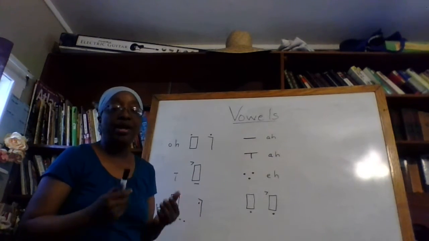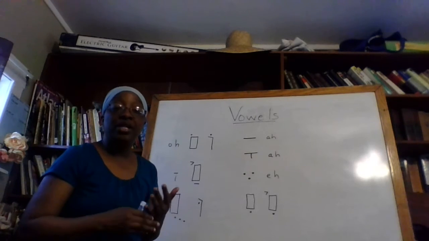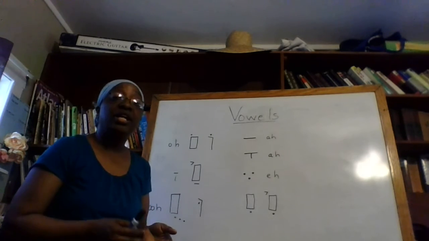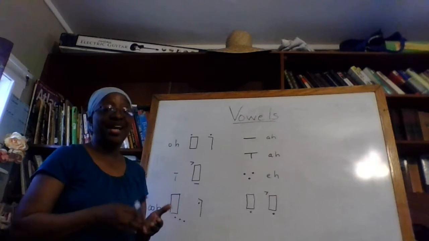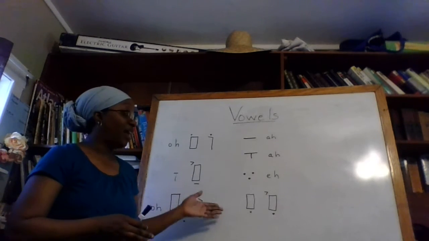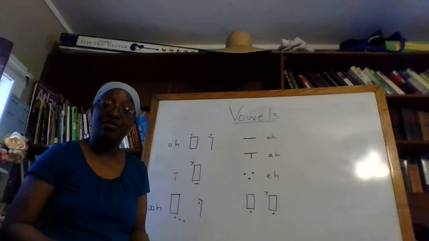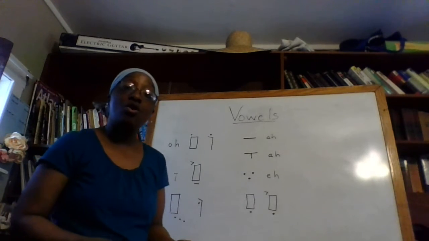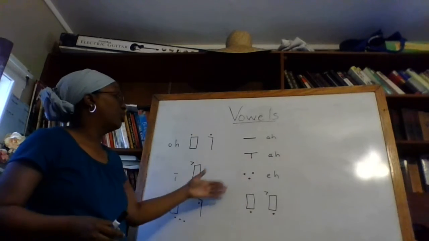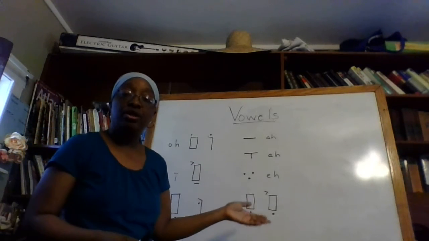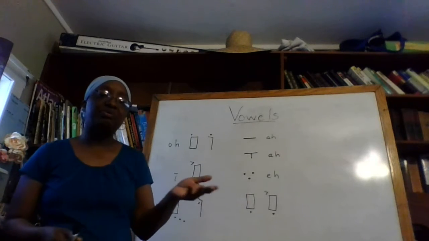When you are a beginner learning Hebrew, it helps to learn your aleph bet and the sounds of your aleph bet and your vowels and the sounds of your vowels. Later on, when you advance in Hebrew, you won't need these.